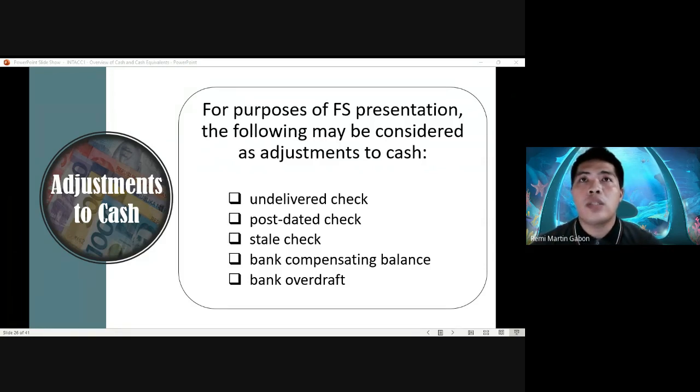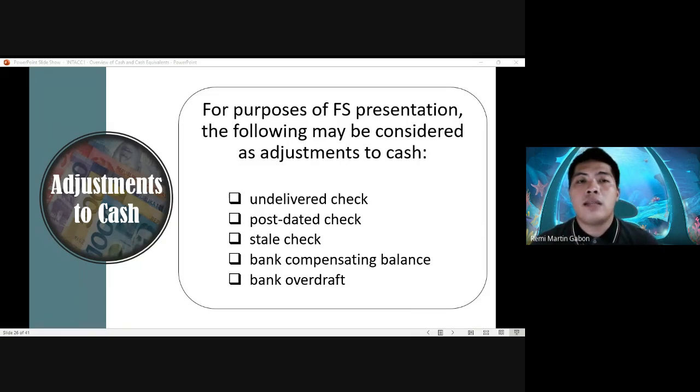So our goal is to come up with the correct balances of those accounts that are going to be presented in the FS. Otherwise, if they are not correct, we're going to violate the faithful representation or faithful reporting.